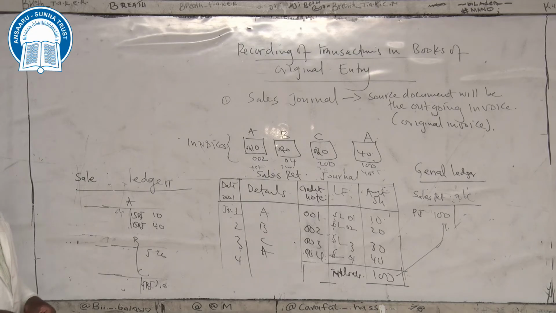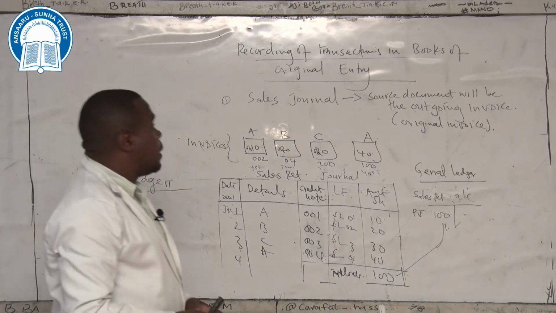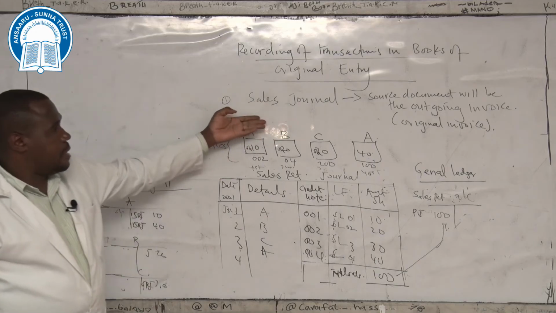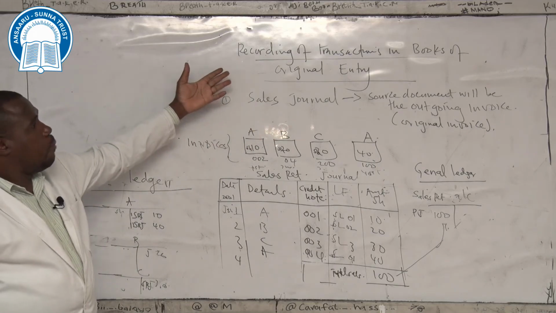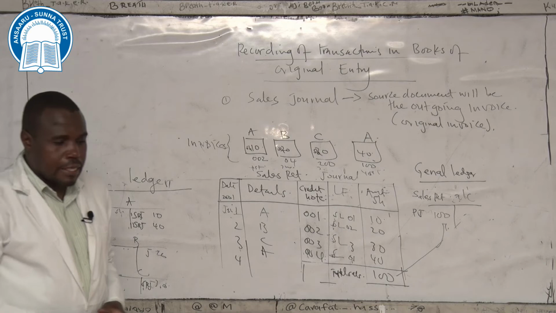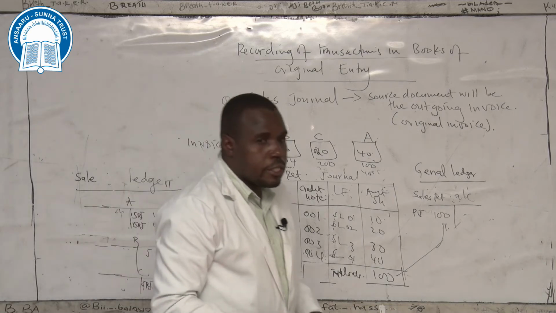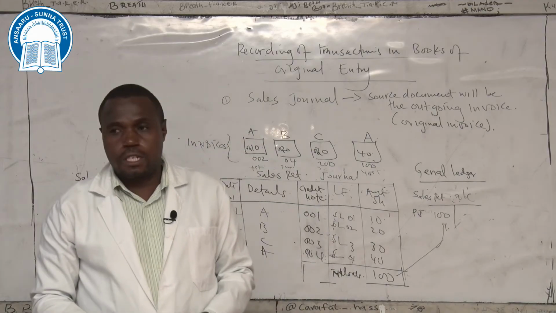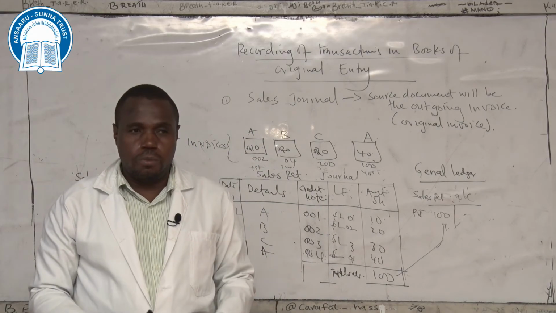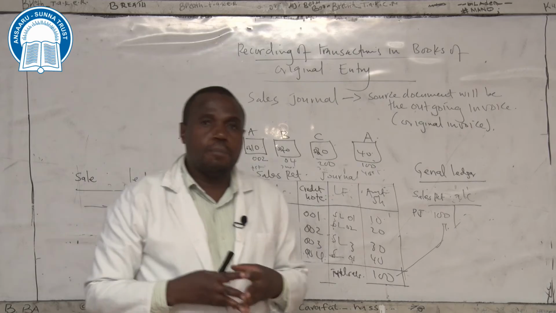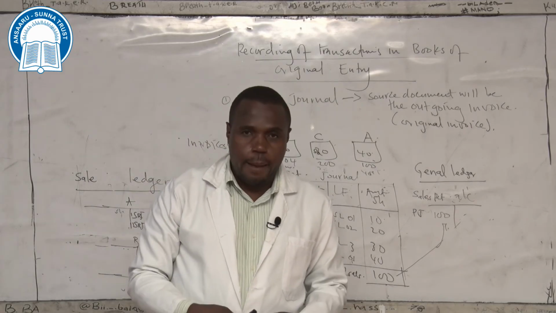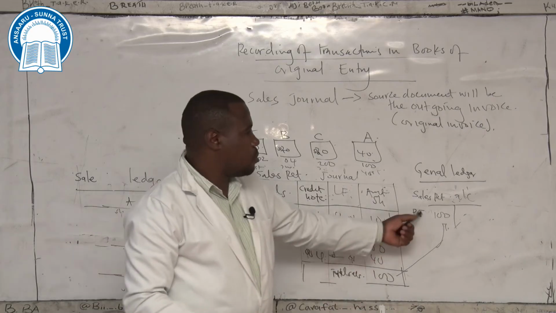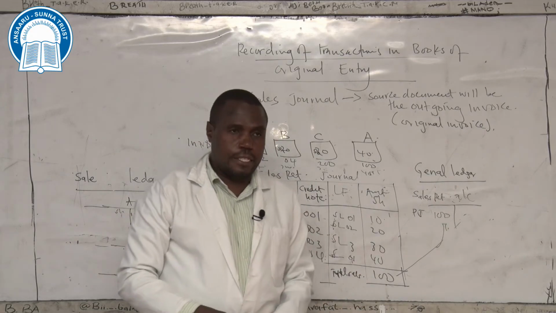So a recap of what you have just done. We are saying that by definition, sales journal or books of original entry are subsidiary books in which information concerning a transaction which is found in the source document is first temporarily recorded before it is posted to the books of account, which are the ledgers.